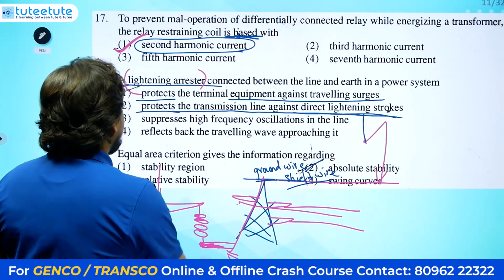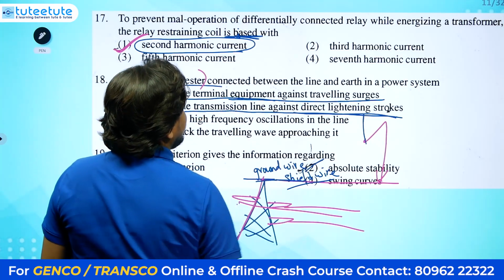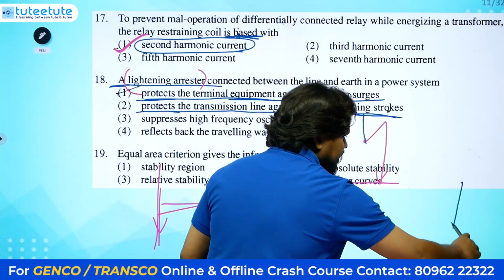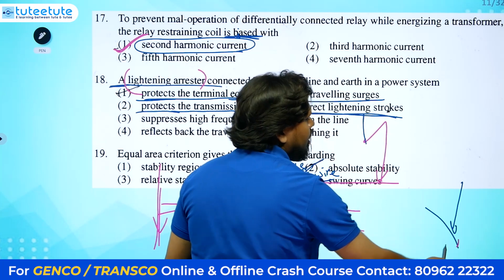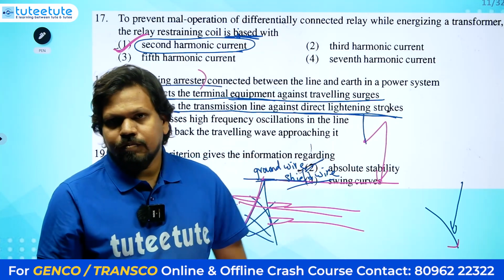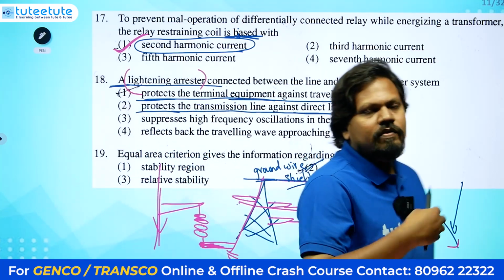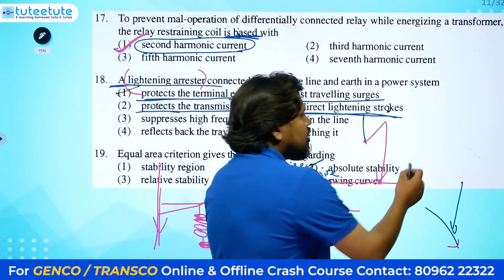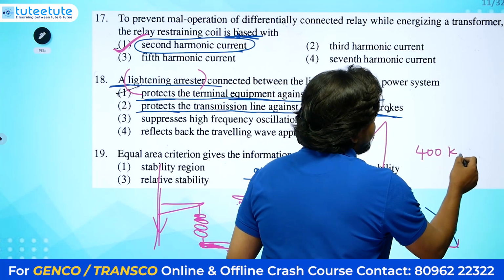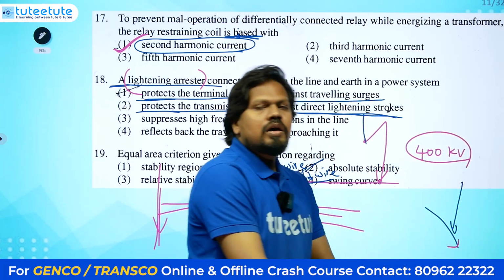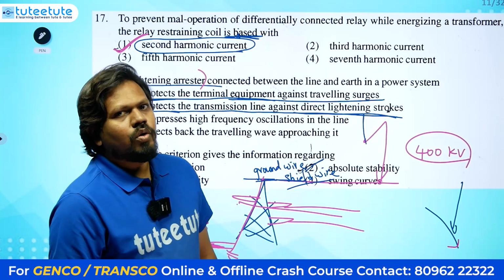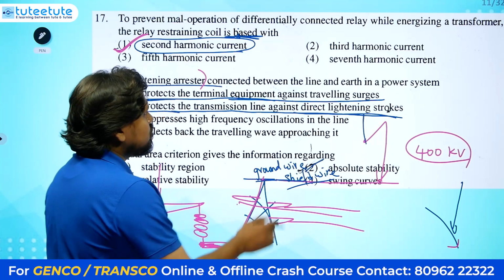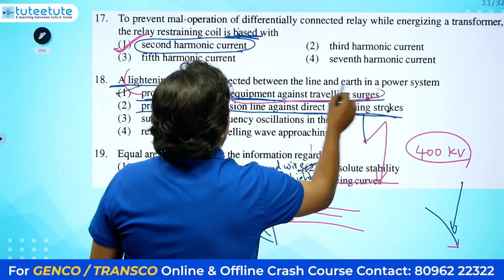Next, protects the terminal equipment against traveling surges. What do traveling surges mean? Whenever some switch is turned on or off, there may be some sparks coming. Yes or no? Sparks will come, right? Even in our home we can observe this. But when you are operating a 400 kV line, when you are turning on and turning off, very huge traveling surges will be coming.